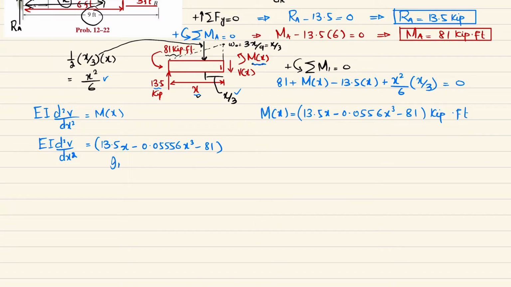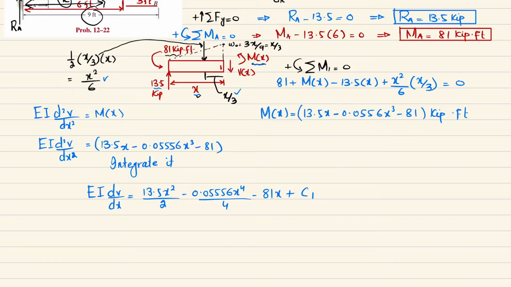So integrate it once, we will get EI into dv over dx, and that will be 13.5 x square over 2 minus 0.0556 x to the 4 over 4 and minus 81x, and plus there is a constant of integration, which is c1.